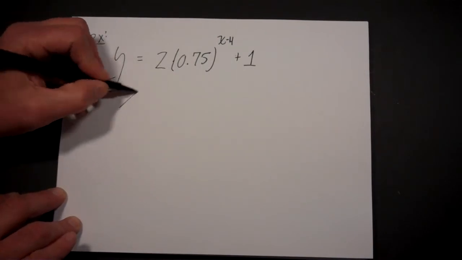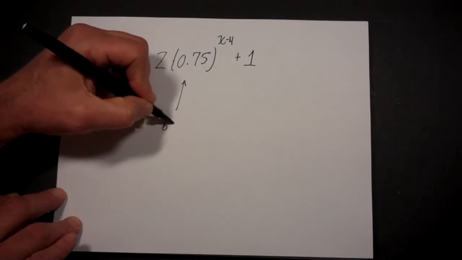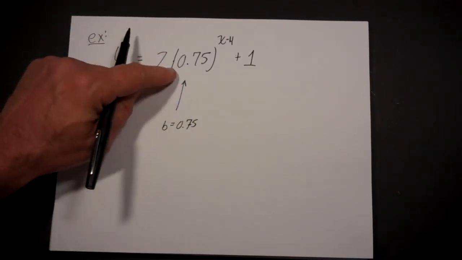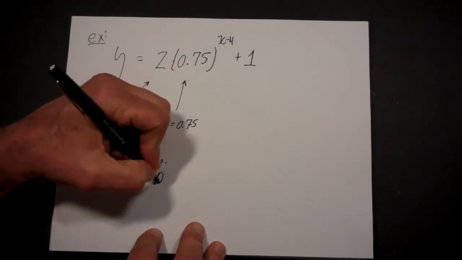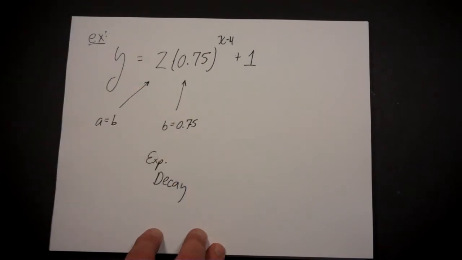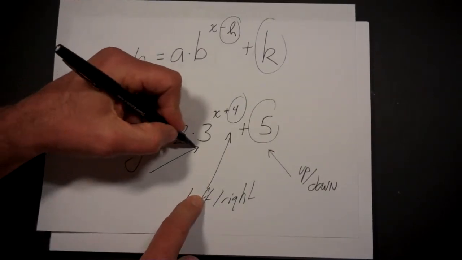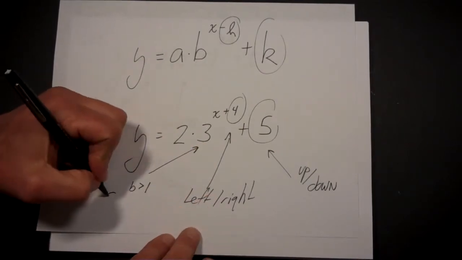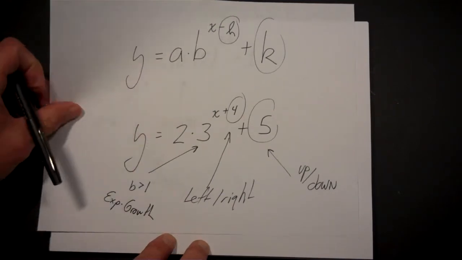So here a is 2 and b is 0.75. The first thing we notice is that since b is a number between 0 and 1, this is an exponential decay problem. We want to contrast that with the previous example where b was greater than 1. Since b was greater than 1, that was exponential growth.